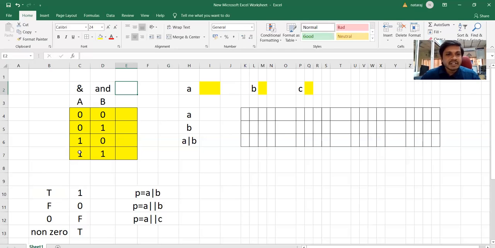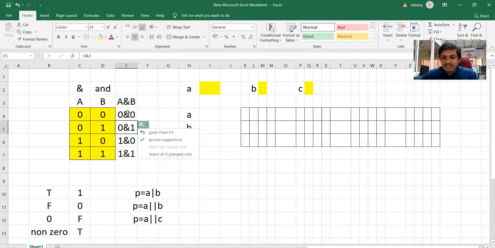So if A is this and B is this, see the truth table, A and B. It's 10th standard mathematics, and there you might have learned with trues and falses. Here you will be dealing with zeros and ones. 0 means false and true means 1. Okay, remember that. So 0 and 0 is 0, 0 and 1 is 0, 1 and 0 is 0, and 1 and 1 is 1.